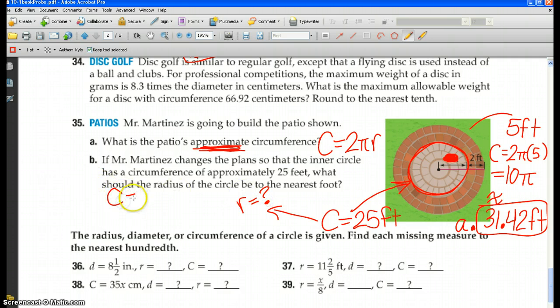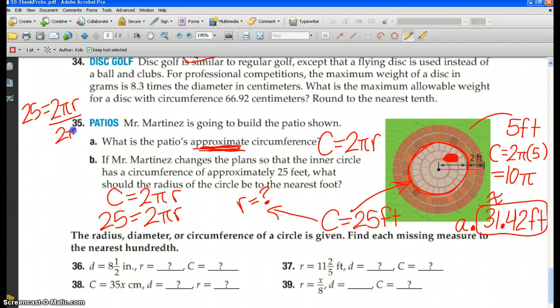Okay, so circumference equals 2 pi r. Our circumference we are given is 25. So 25 equals 2 pi r, and we want to solve this equation for r. To get r by itself, I need to divide by 2 pi.